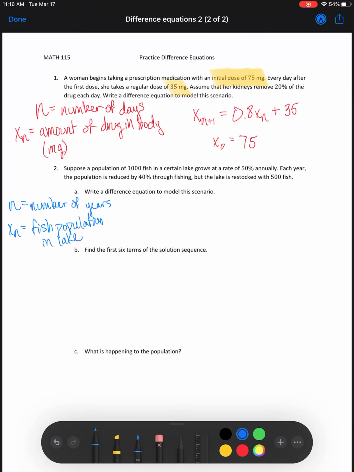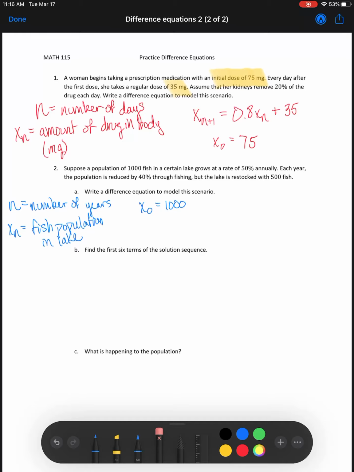All right. Now, kind of the easiest place to start is right at the beginning when it says that there is a population of 1,000 fish. That tells us exactly what our x sub 0 is.